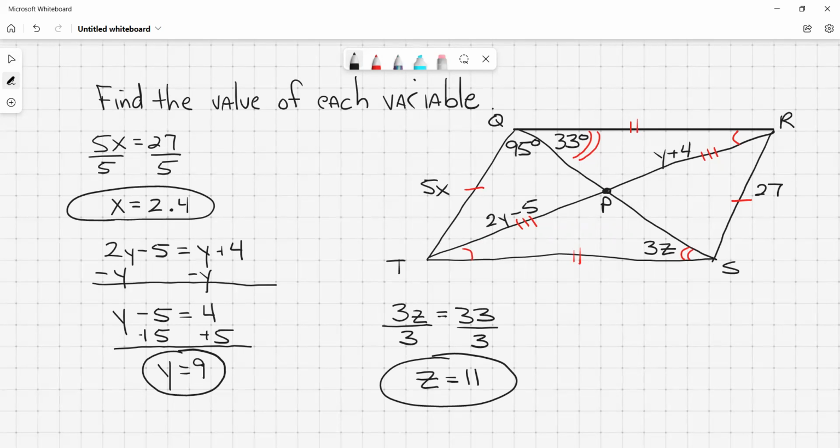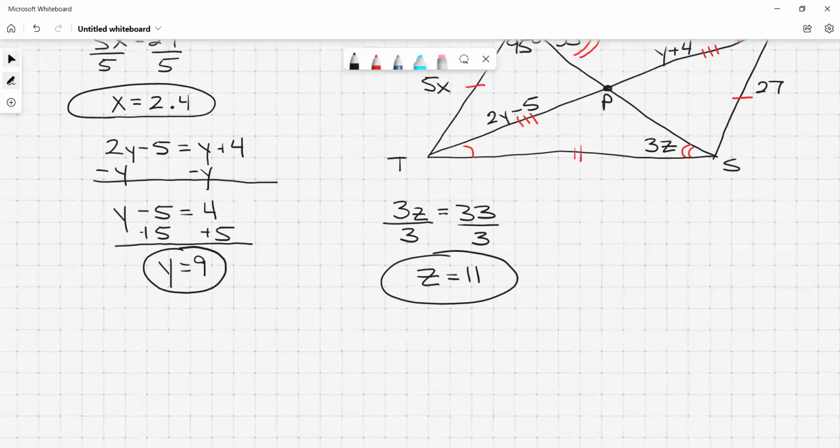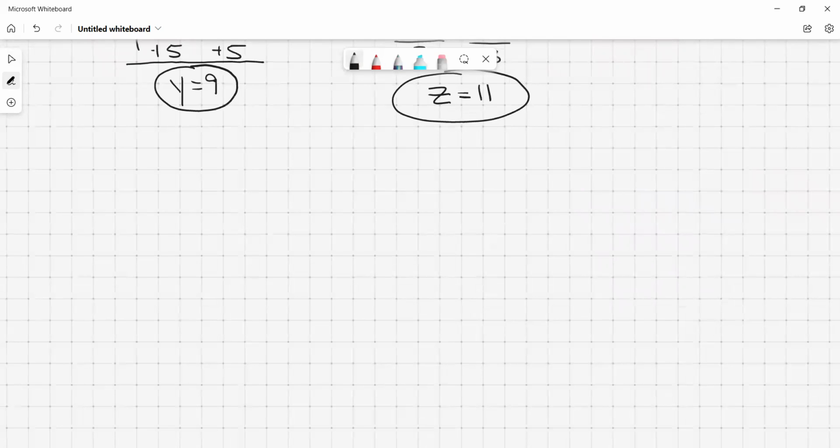All right, so your practice problems for today are going to be page 407. Page 407, you got 4 and 5. Then over on the next page, looks like all you're going to have there is 17 and 20.